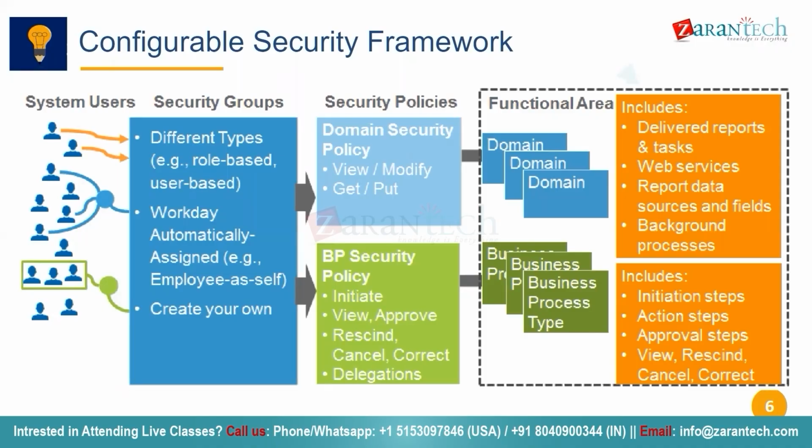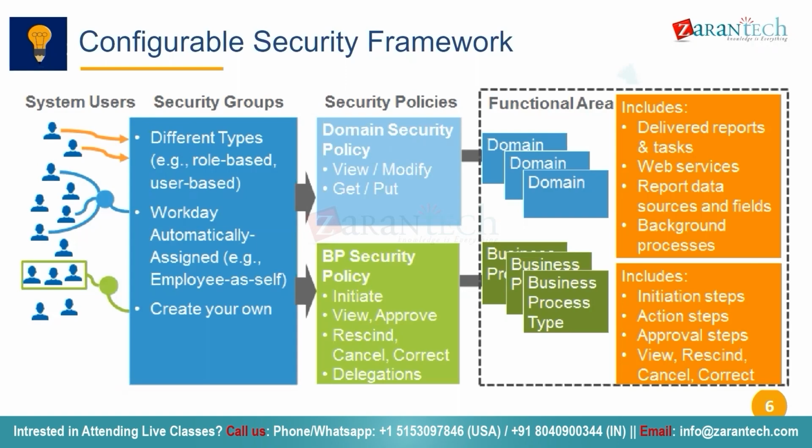Let's say in an organization we have an HR business partner, and the HR business partner is location-based or region-based. You want to give access to the HR business partners for a particular location.